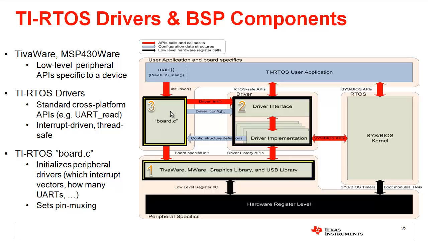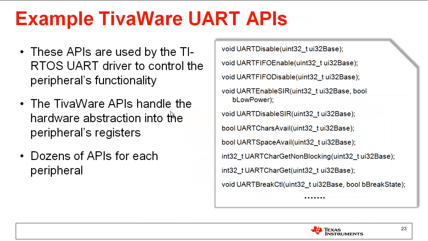I'm just going to go through each of these components in a bit more detail if you're not familiar with them, so you can understand what they really do. So let's look at TivaWare, or MSP430-ware. These are the low-level APIs, and there are typically dozens and dozens of them, often setting individual flags inside a register.